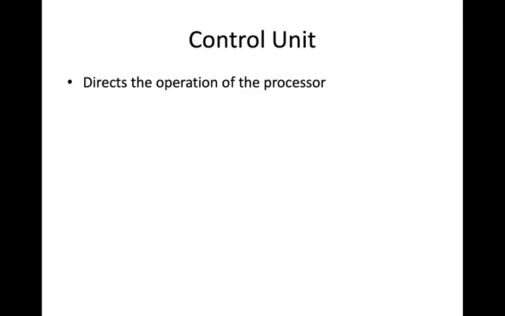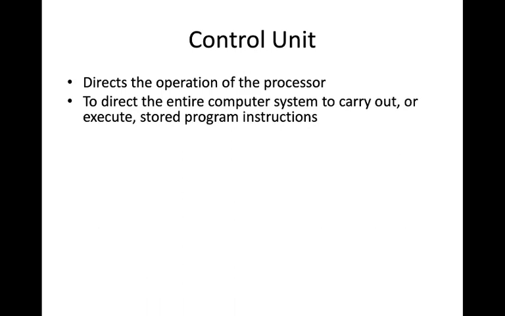Or if you want to print something, the control unit sends a control signal to the printer: print this thing. So it directs the entire computer system to carry out or execute stored program instructions.